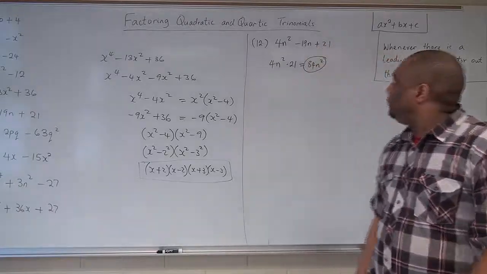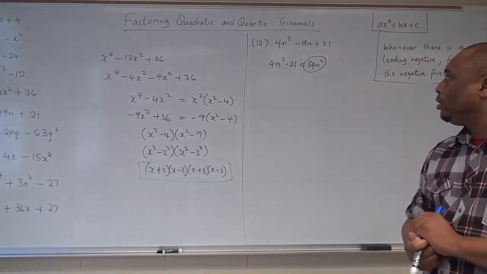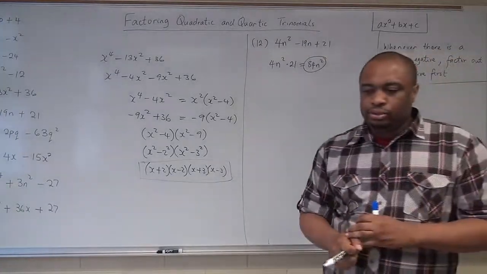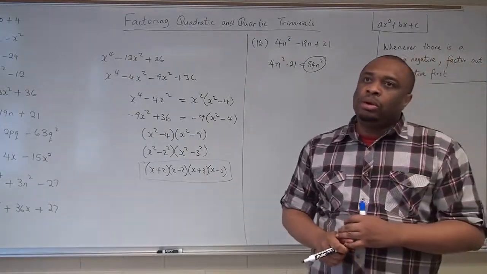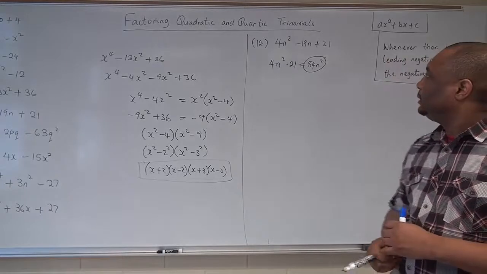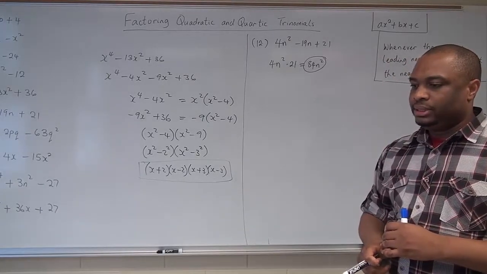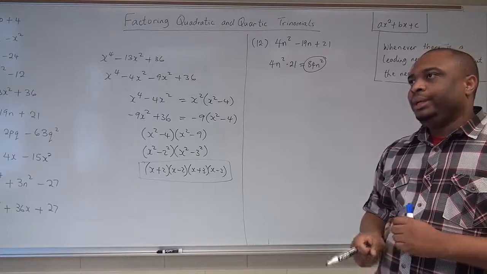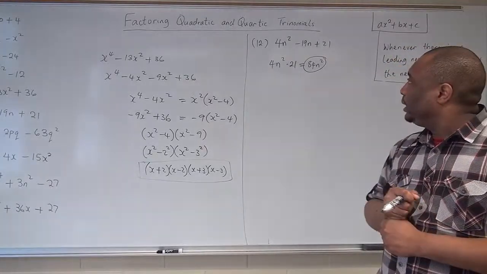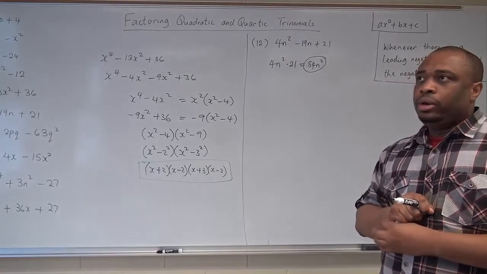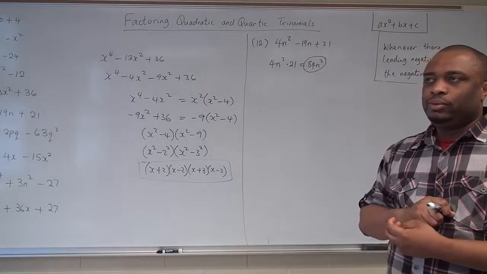Okay, 1 and 84 will not work. Negative 1 and negative 84 will not work. 2 and 42 will not work. Negative 2, negative 42 will not work. 3 and 28 will not work, because 3 plus 28 is 31.